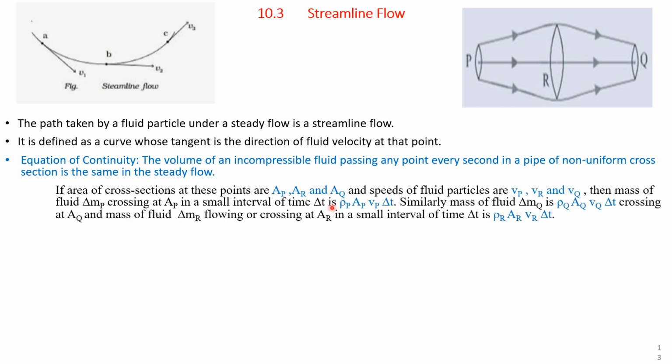If the areas of cross section at these points are AP, AR and AQ, the speeds of the fluid particles are Vp, the speed at point P, Vr, the speed at point R, and Vq, the speed at point Q. Then the mass of the fluid delta mp, which crosses AP in a small interval delta t, is given by the relation rho p into AP into Vp into delta t.